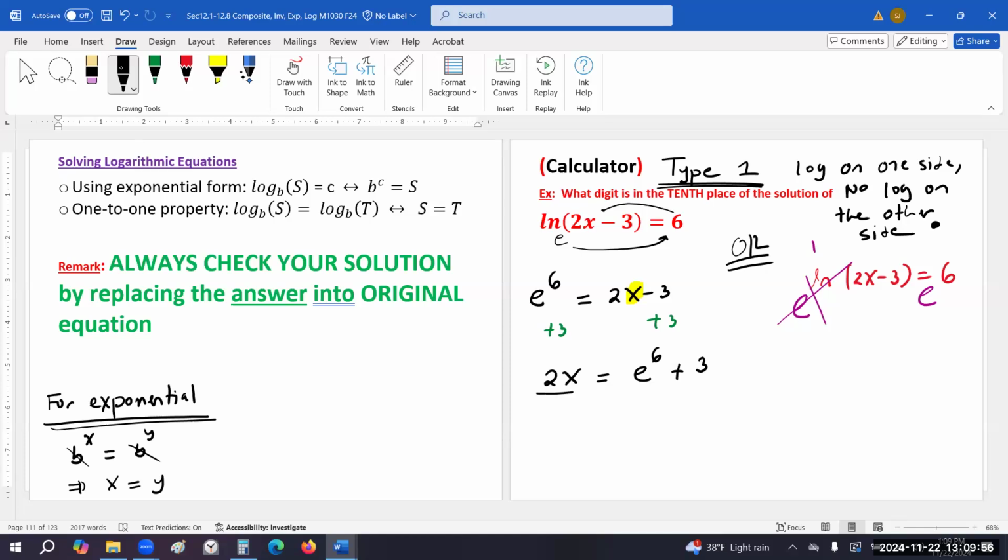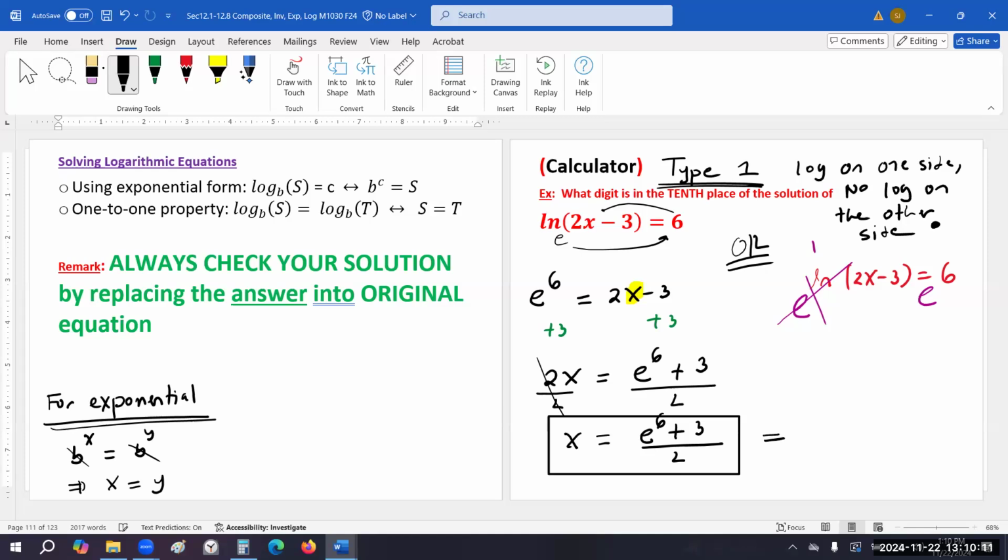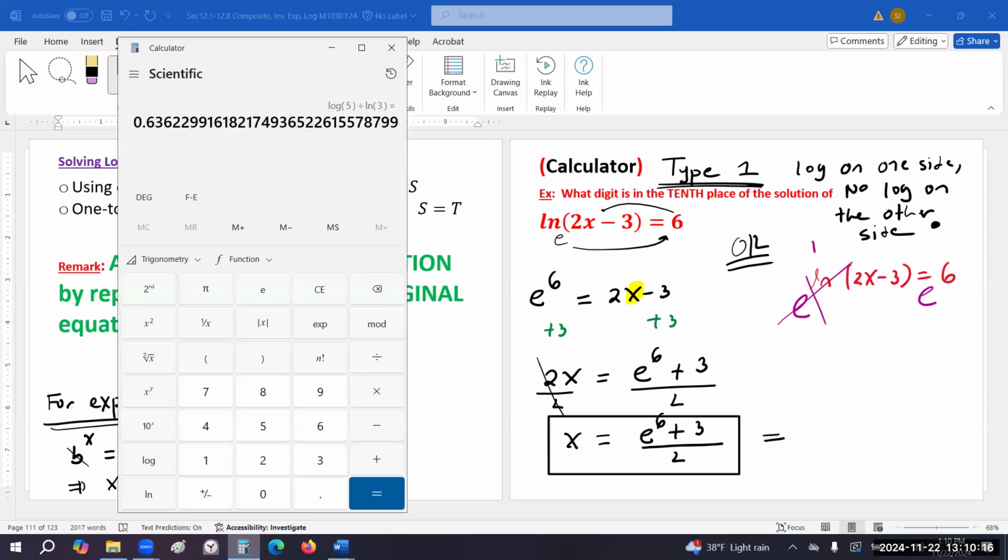Divide by 2. So we have x equals e to the 6 plus 3, divided by 2. Either leave it alone if it's in the non-calculator portion, but if it's in the calculator portion, we have to solve it.